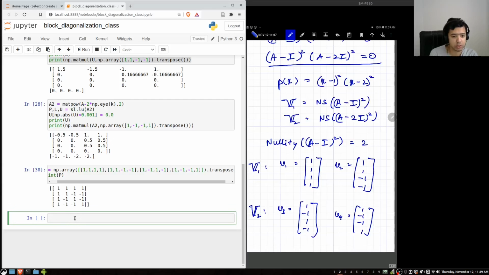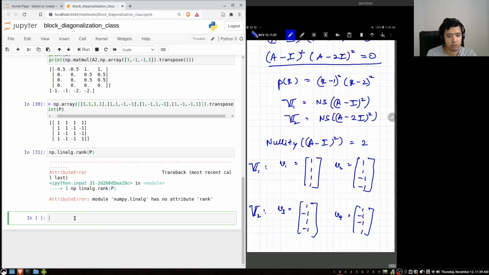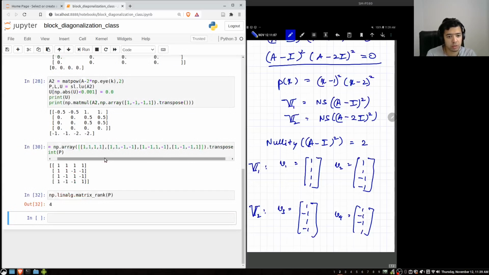So let's just check that this is indeed a basis. The matrix rank of P is 4.